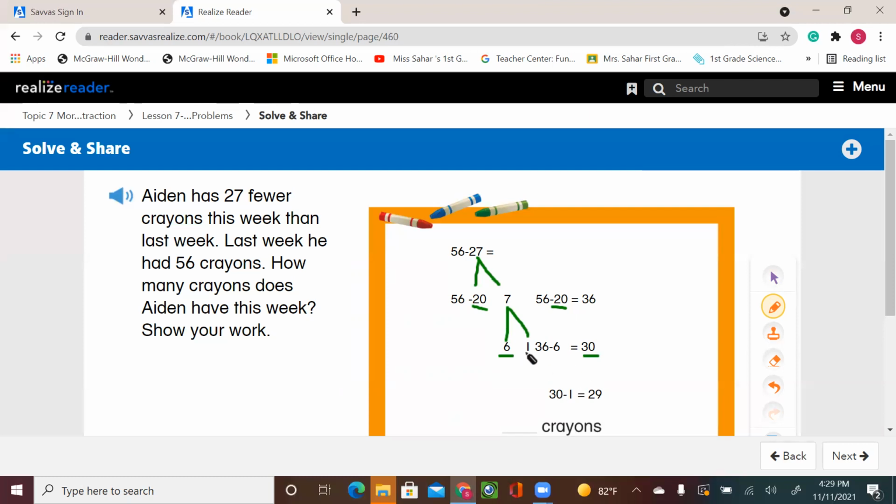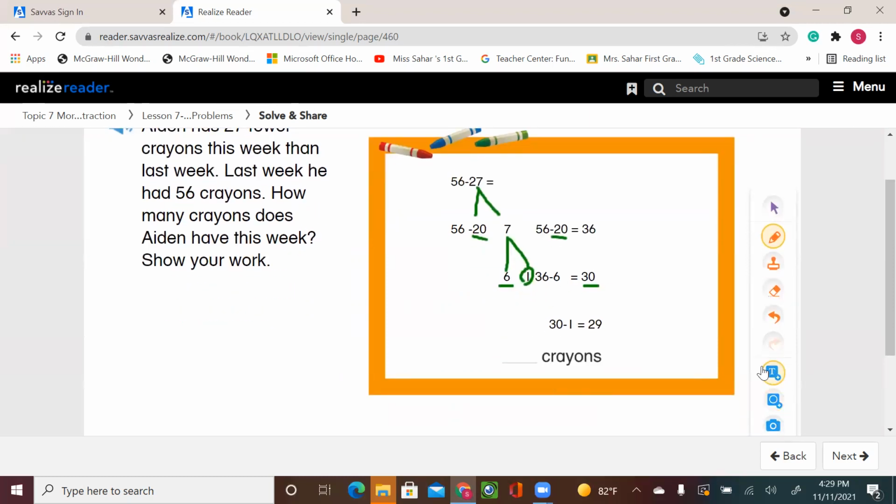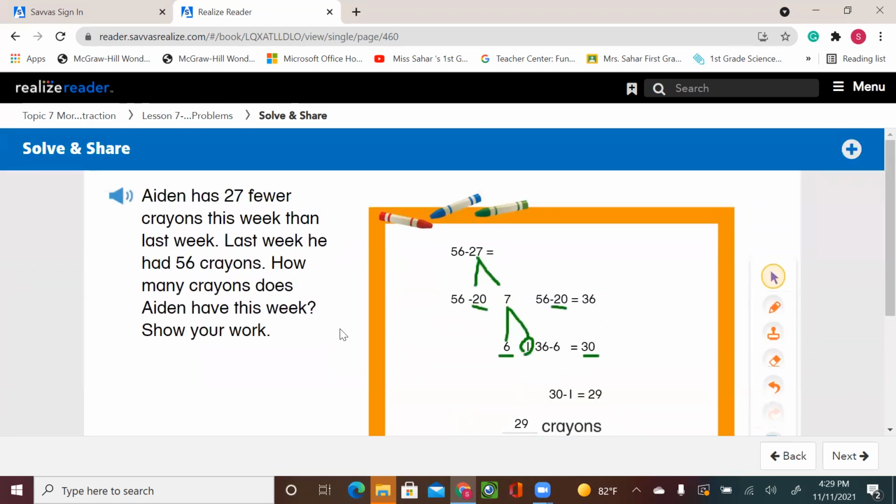Now, don't forget, I still have 1, so 30 minus 1 equals 29. So how many crayons? 29. So now I can write 29, and then I put it down here.